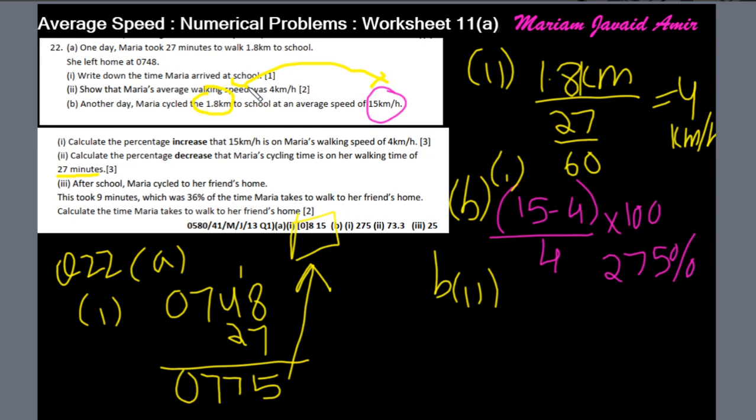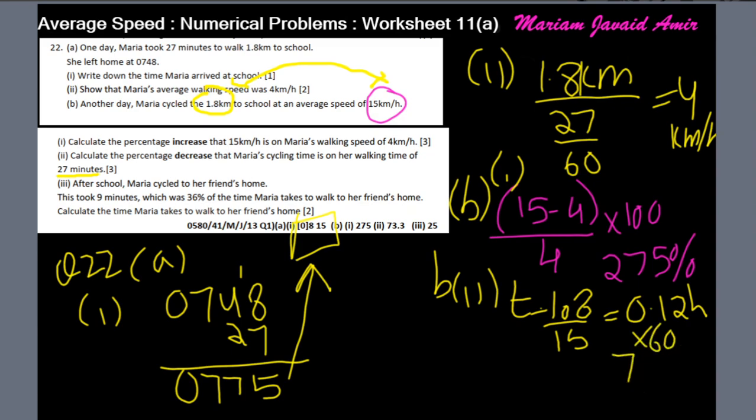So first we need time. Time is distance over speed, which gives us 1.8 over 15, 0.12 hours, and the other time is in minutes. So we multiply this with 60 to get 7.2 minutes.